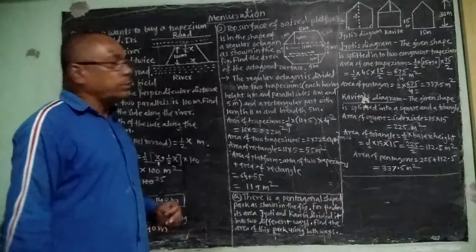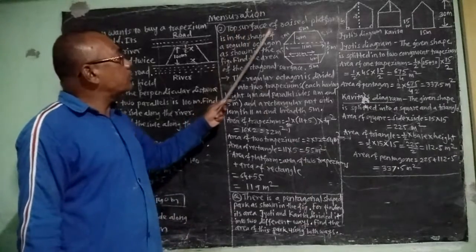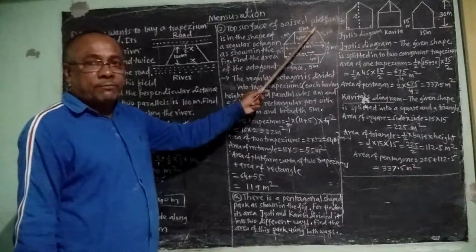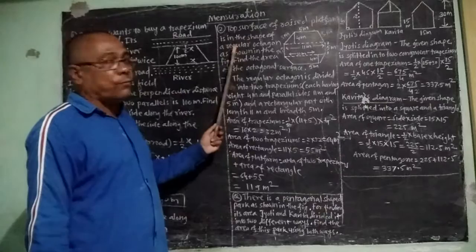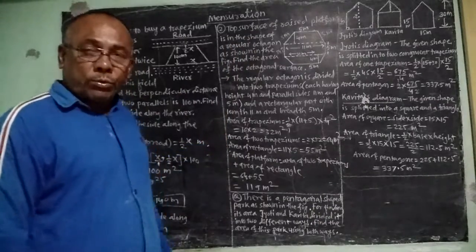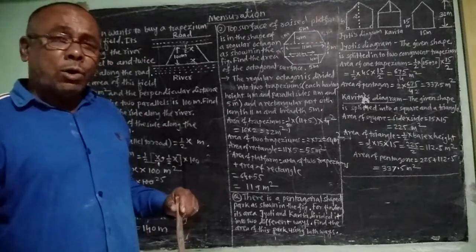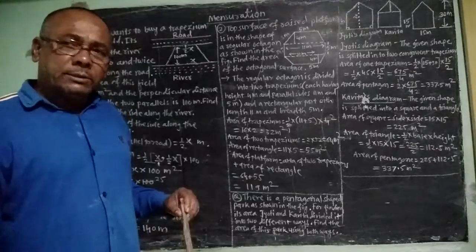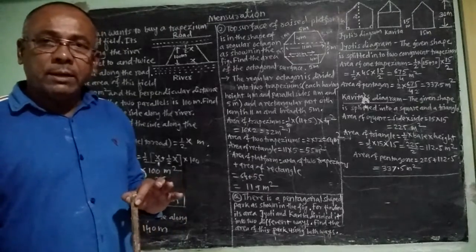Our second question is that the top surface of a raised platform is in the shape of a regular octagon. We know that all the sides of a regular polygon are equal.